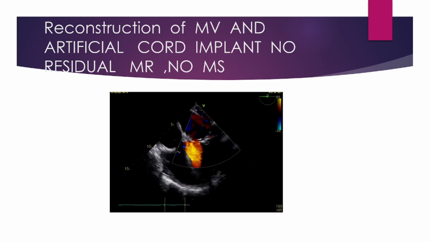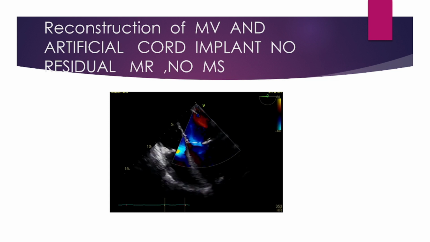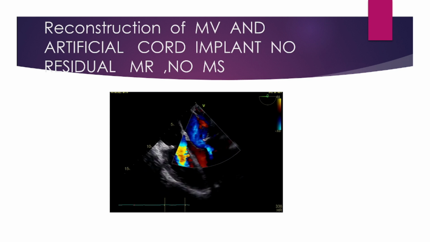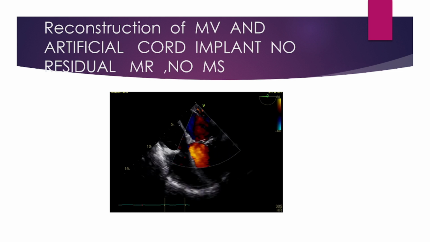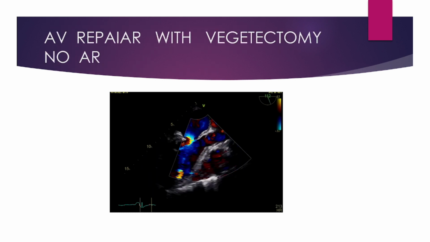So the mitral valve was reconstructed surgically and repaired with a ring, and the A2 was shaved. The vegetectomy was done to the mitral valve and it was successfully repaired. This is the post-repair view. And again, aortic valve vegetectomy was done successfully.